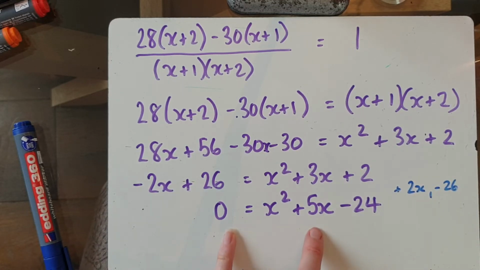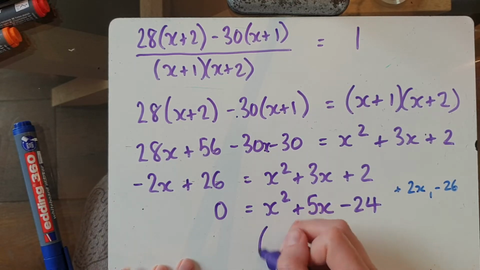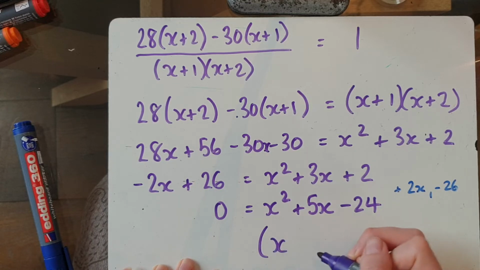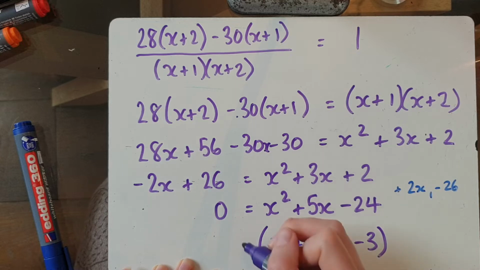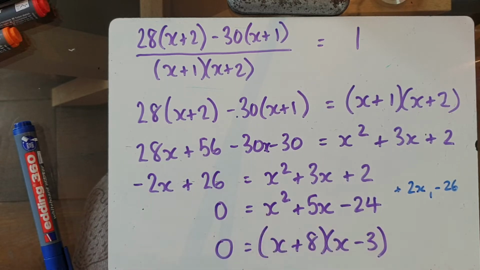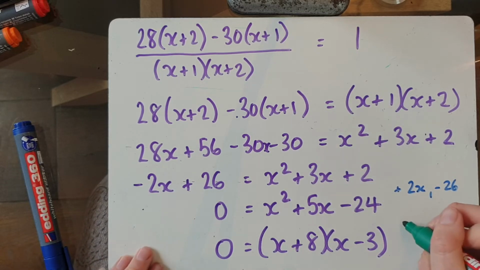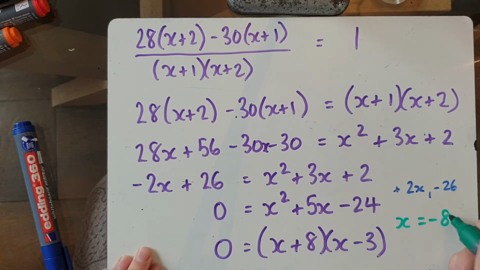I've now got a quadratic that's equal to 0, so I can try to factorise it. In fact, this does factorise. It factorises into (x + 8)(x - 3), and that is equal to 0, which means that our solution is x = -8 or x = 3.